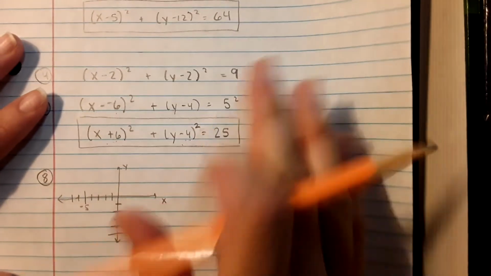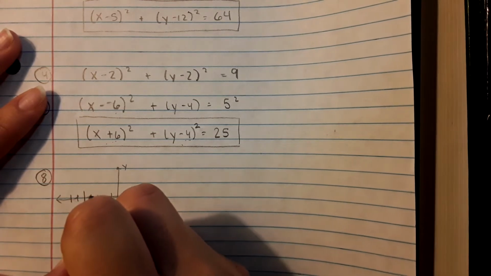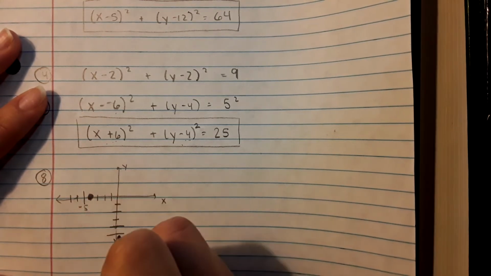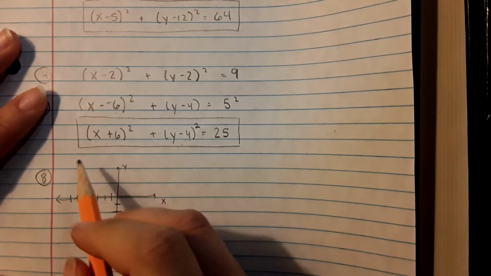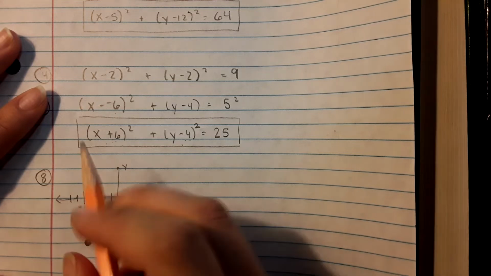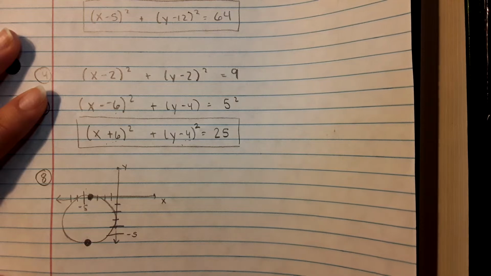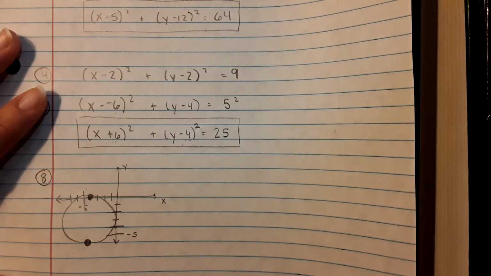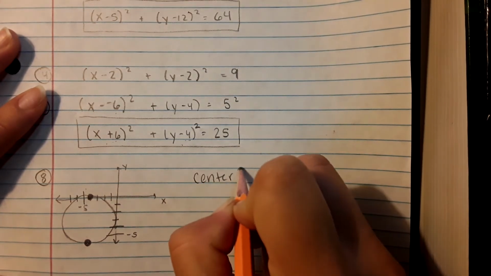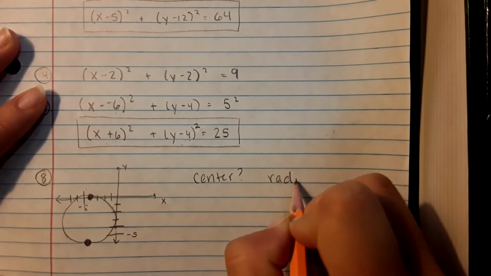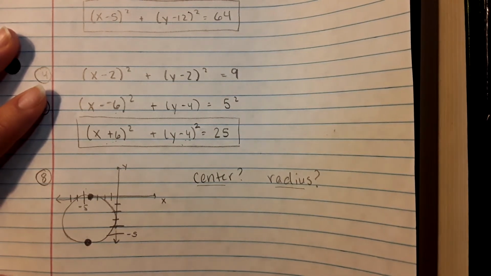Okay, so this circle has endpoints at negative 4, 0, and negative 4, negative 6. So this is a diameter. So you're looking at trying to figure out what the center is and what the radius is. Because you need a center and a radius to write an equation.